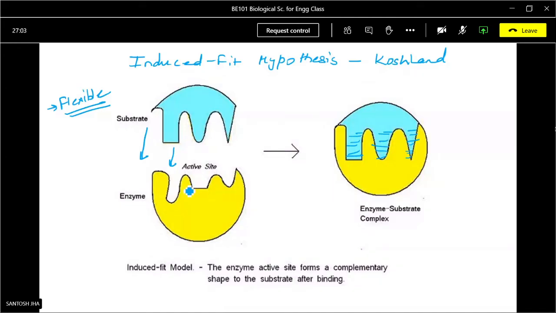Means the substrate induces a conformational change in the enzyme, and after this induction, there is a formation of a complementary site or active site over the surface of the enzyme, and then the substrate molecule binds with it. Then there is a formation of the enzyme substrate complex, and finally they get converted into free enzyme and product molecule. It was the induced fit hypothesis.